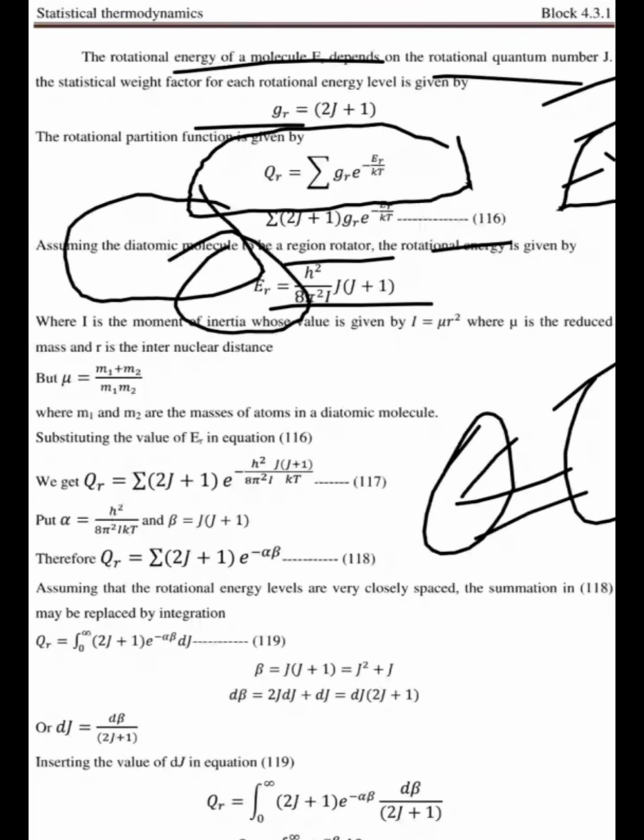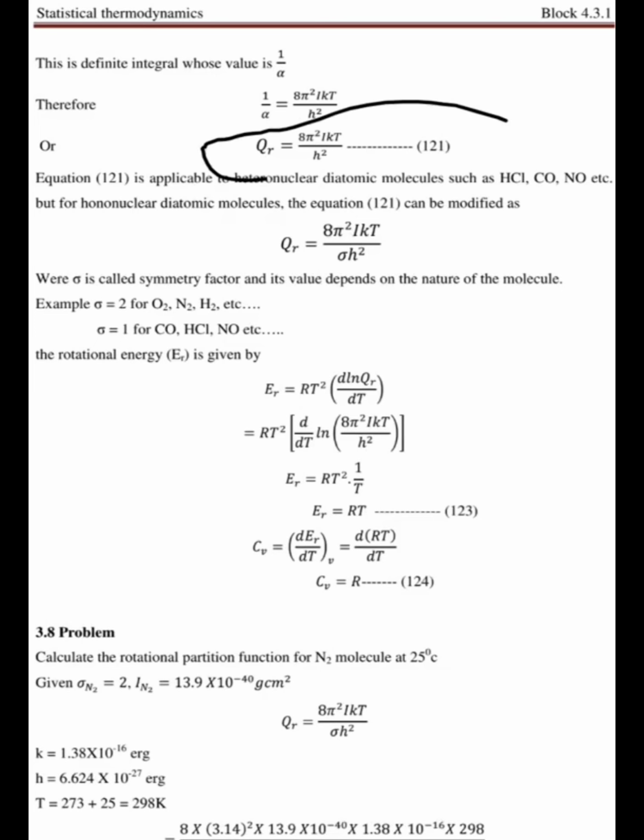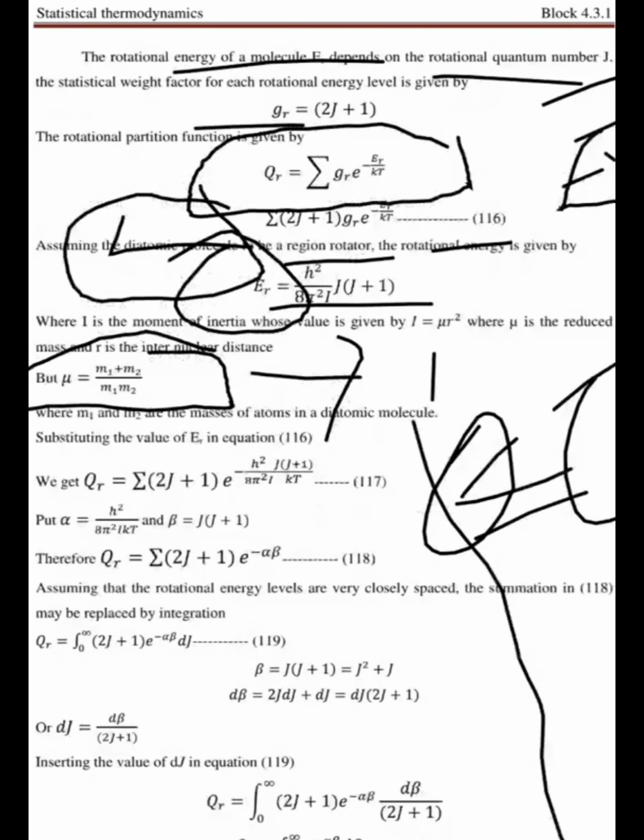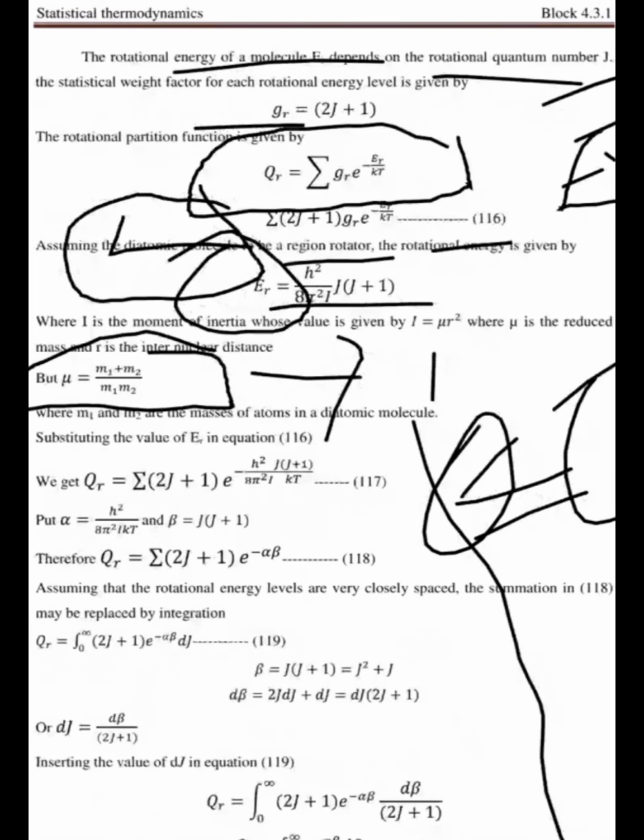M1 and M2 are the masses of the atoms in a diatomic molecule, so there will be two different atoms. This is equation 121, for the rotational partition function.